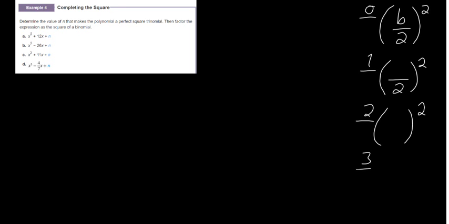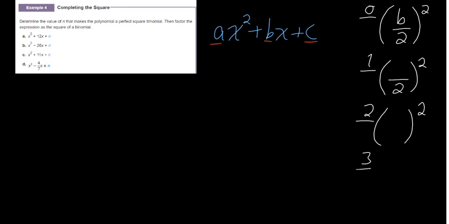We know a quadratic equation is written in the form ax squared plus bx plus c. We know that a, b, and c are the values of my constants. A is the constant in front of x squared, b is the constant in front of the x, and c is my constant with no variable.